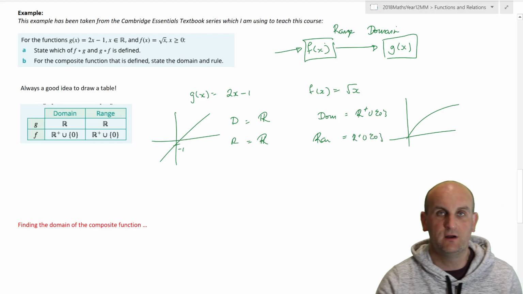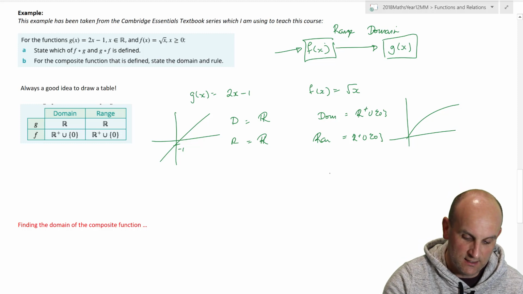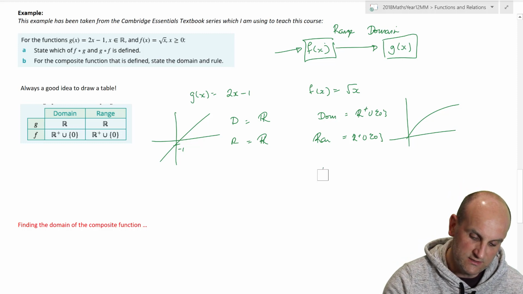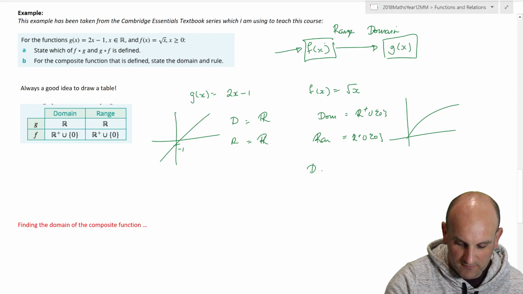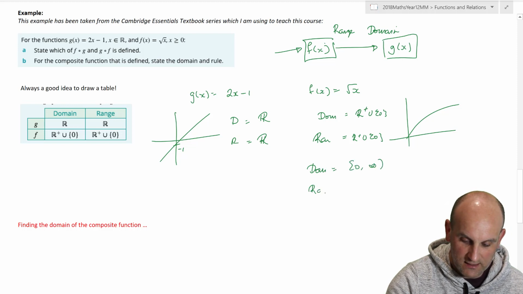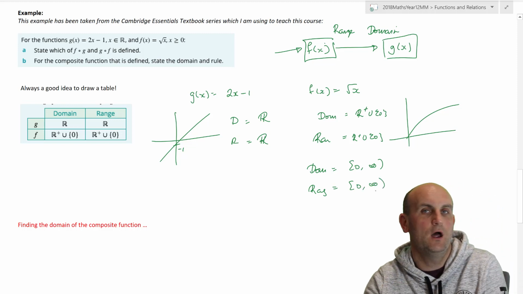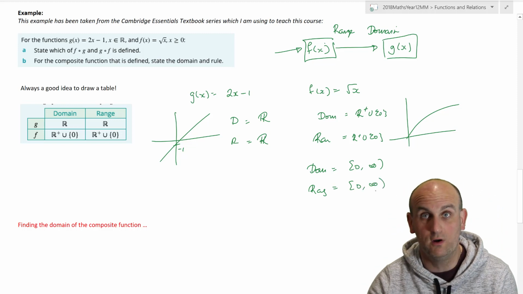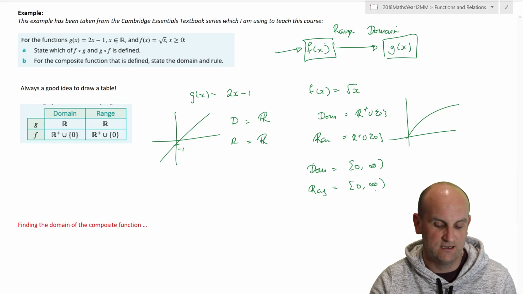Alternatively, some people like to write that in interval notation, because we're going to include 0. They can write that the domain is equal to 0 to infinity, and my range would also be equal to 0 to infinity. No one way is right or wrong. It's down to personal preference or what the exam tells you to do.